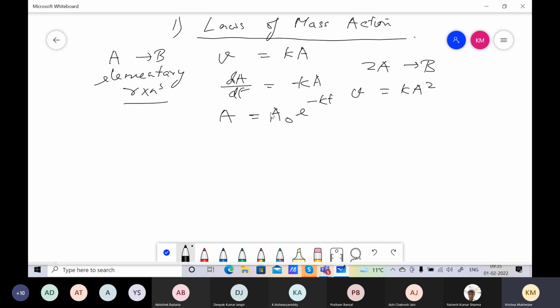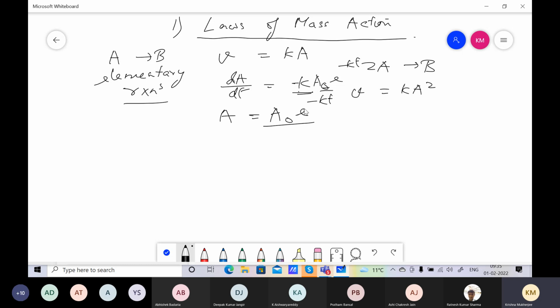Simple enough mass action kinetics with, of course, a K. So now the reaction rate, because A changes like that, dA by dt will be equal to K into A, which becomes K A0 e raised to minus Kt. So this is how the reaction rate changes with time, right?